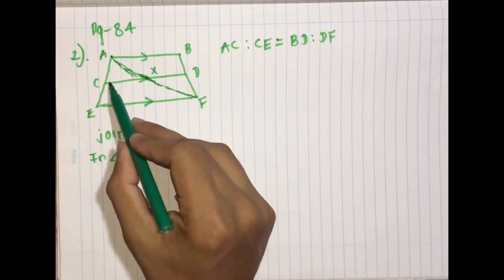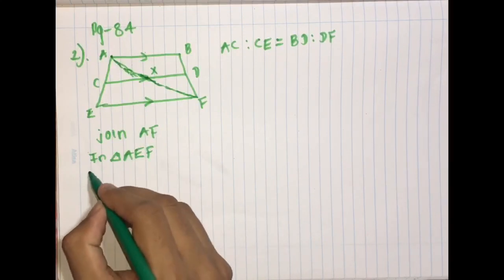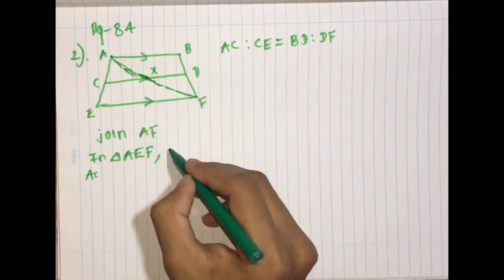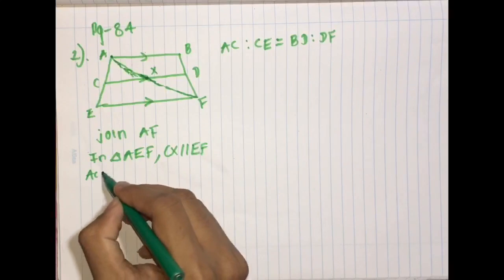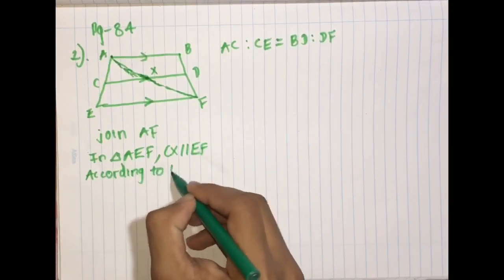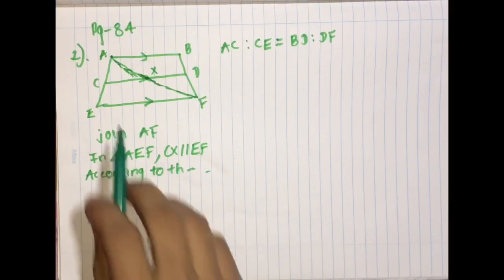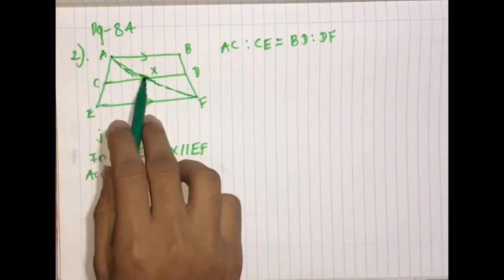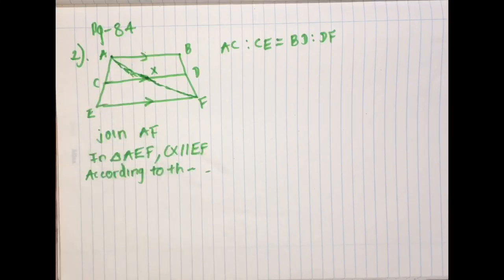Now already, since they have marked this and this as parallel, according to the theorem, since CX is parallel to EF, according to the midpoint theorem, since these two lines are parallel, this line cuts the two sides of the triangle in the same ratio.